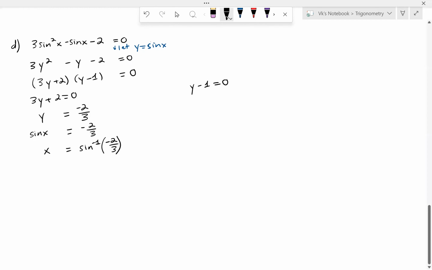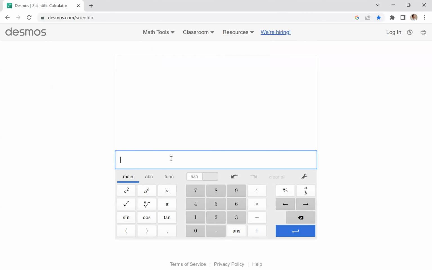The best way to do this one is to use a scientific calculator. So the inverse sine of minus 2 over 3 gives us this number in radians. Right here, it's radians.